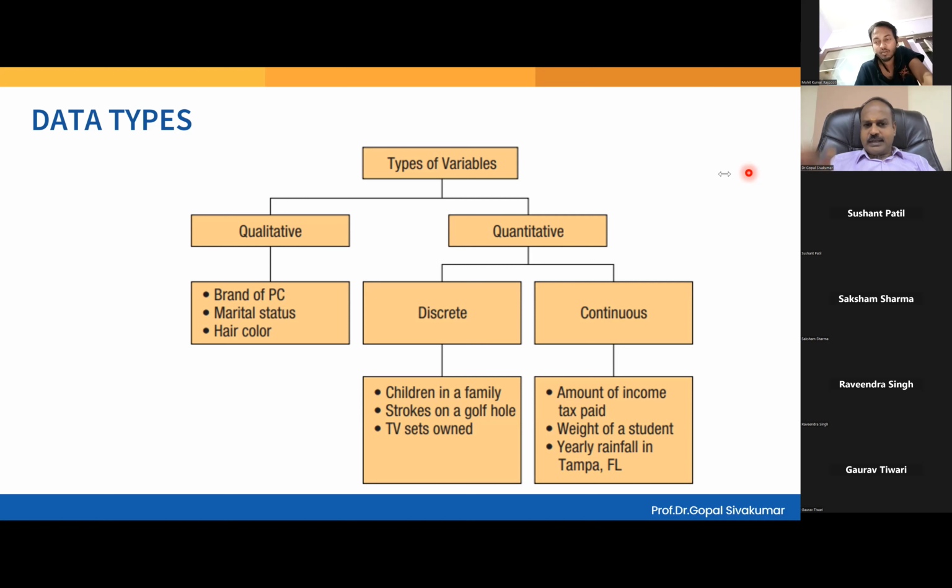But I collect your age. That's quantitative data, isn't it? Your height, your weight. So basically, you understand the difference between qualitative data and quantitative data. What is the advantage with quantitative data? Can somebody tell me?